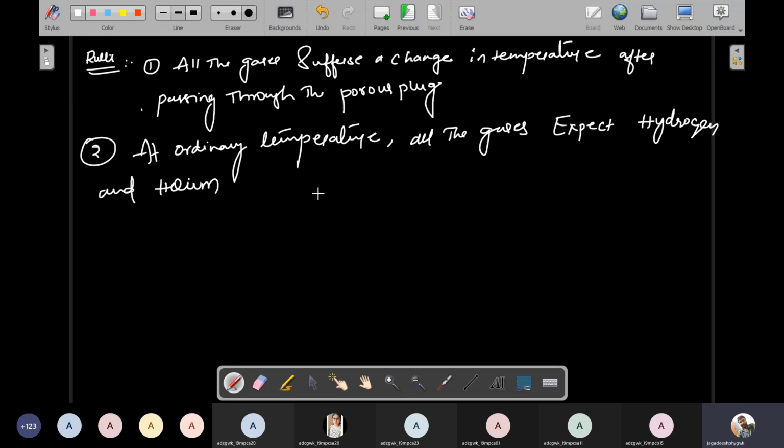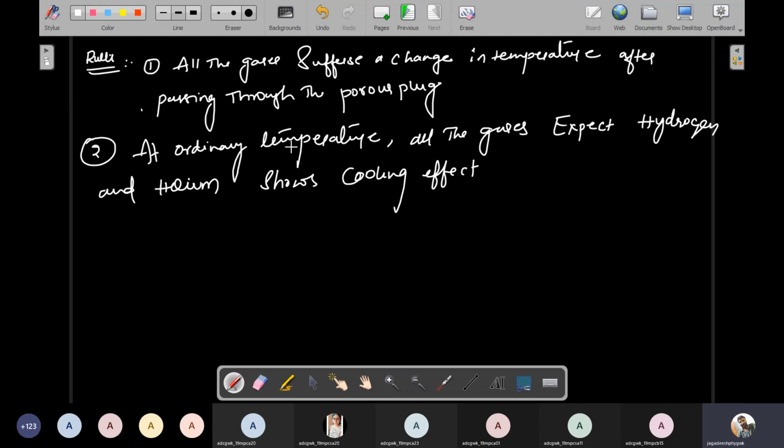At ordinary temperature, all the gases except hydrogen and helium show cooling effect. I already told, except hydrogen and helium, remaining all gases suffer change in temperature. That is, almost all show cooling effect. Okay, at ordinary temperature also.